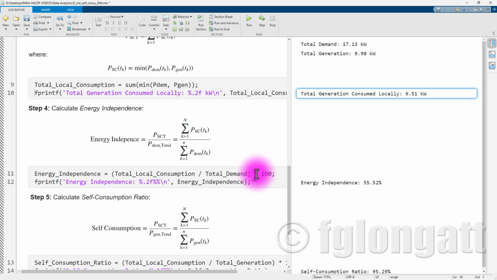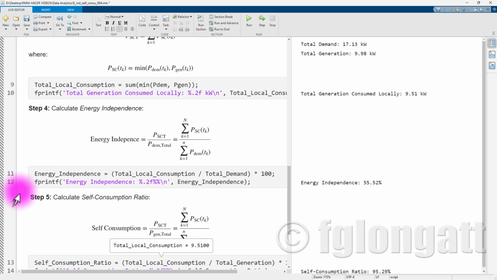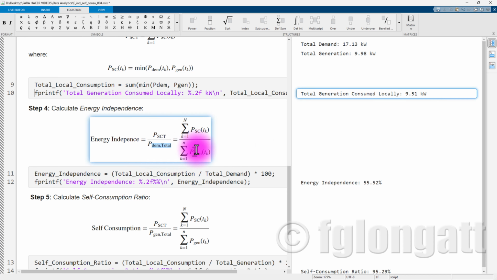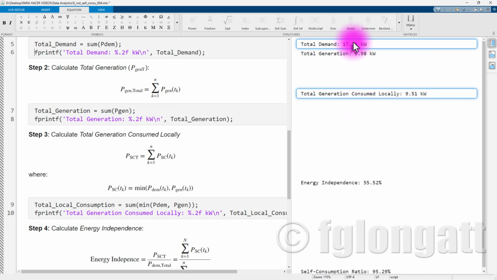Now it's time to calculate those indicators, the energy independence first, and second, the self-consumption ratio. The energy independence is a very simple quotient here. On the numerator, we will use the generation consumed locally, and in the denominator, we are using the total demand.